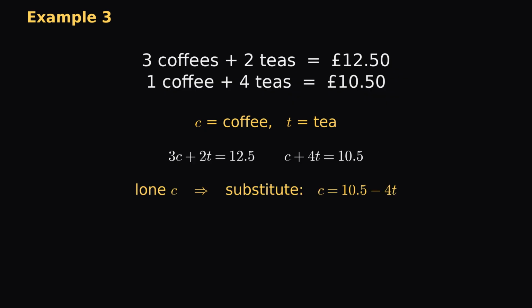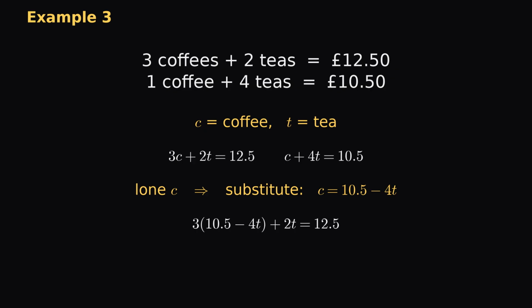Now, the second equation has a lone C, so substitution is the natural choice here. C equals 10.5 minus 4t. Put that in the first. 3 bracket 10.5 minus 4t plus 2t equals 12.5.